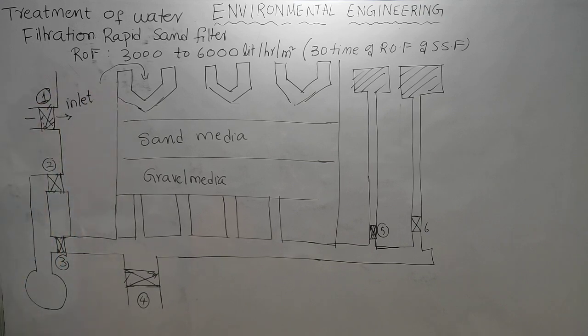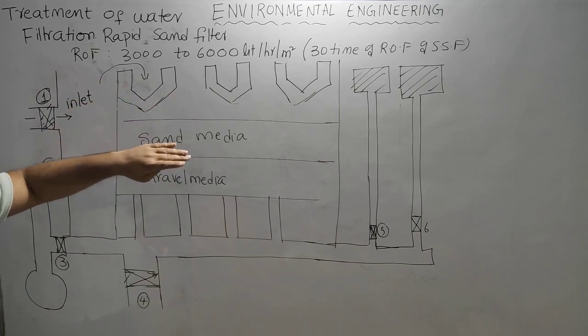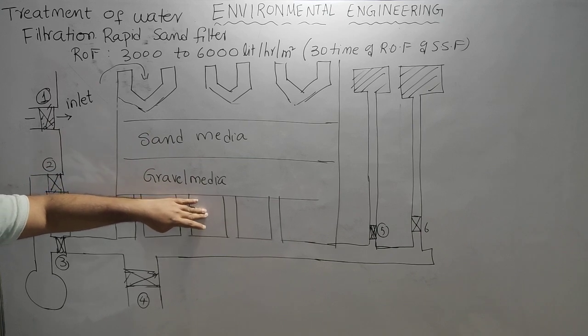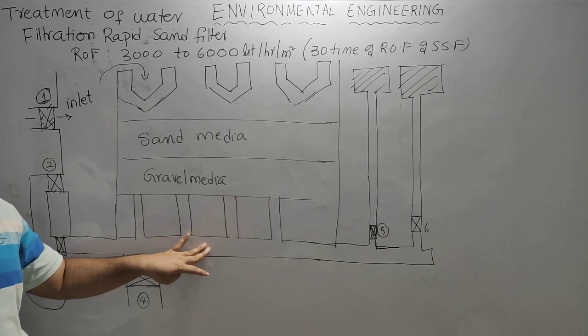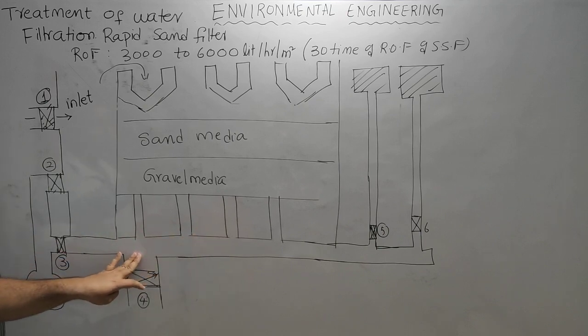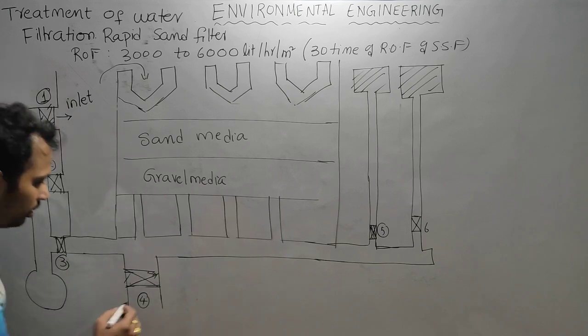During the filtration from valve 1, we will allow the raw water to enter into the rapid sand filter, and the water will enter the sand media, and then it will pass through the gravel media. It will come into the under drainage system. From under drainage system, it is collected in a common pipe, and from this common pipe, it is allowed to pass through the valve number 4, which is filtered water.